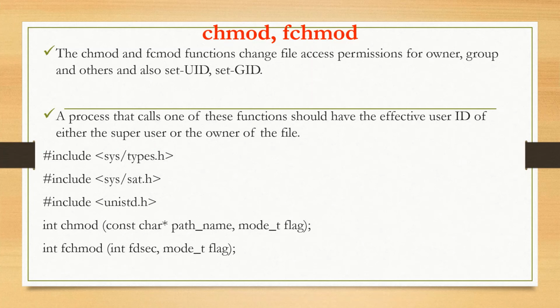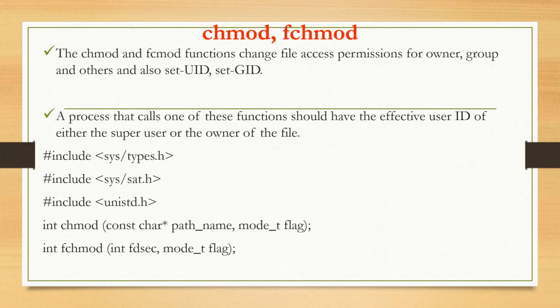A process that calls one of these functions should have the effective user ID of either the super user or the owner of the file.